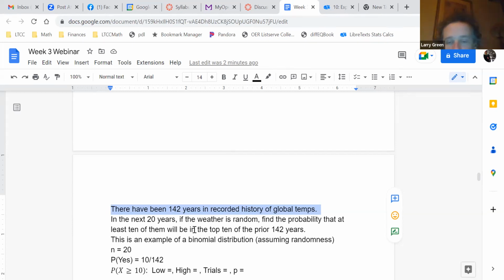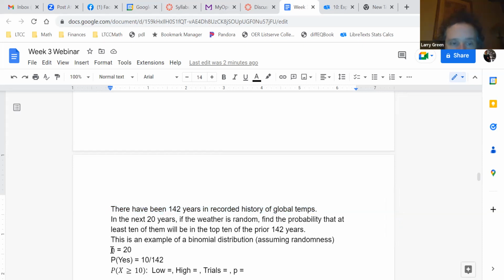So this is a binomial distribution because each year has a probability of being in the top 10. Does that make sense? And you want to see, of those 20 years, how many are going to be in the top 10? Any questions on that? And you're either in the top 10 or you're not in the top 10.